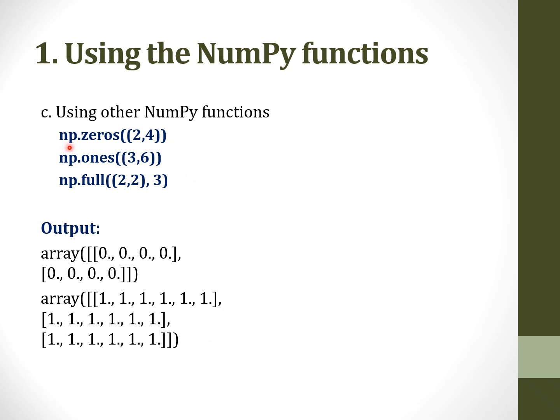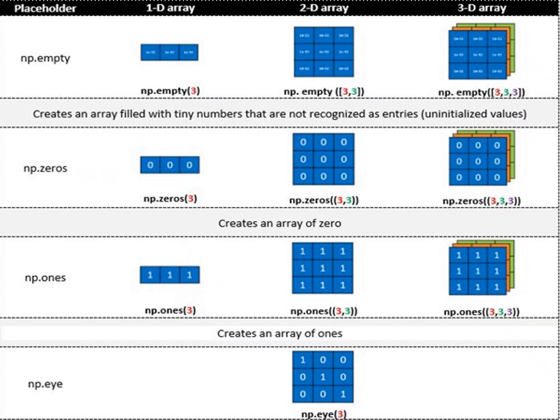As specified in the previous slide, giving it like this will create a 2-row, 4-column matrix full of zeros and a 3-row, 6-column matrix full of ones. np.full we'll see in the upcoming slide. Suppose we want to create an empty one-dimensional array holding no values: if you give np.empty of 3, it creates a one-dimensional array which is completely empty and does not hold any values.